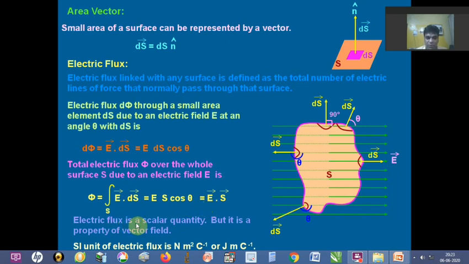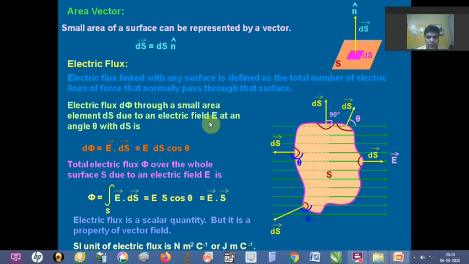As we know, electrical flux is a scalar quantity, but it is a property of a vector field. Its unit is electric field multiplied by area, so its unit is Newton per coulomb dot meter square, or Joule meter per coulomb.